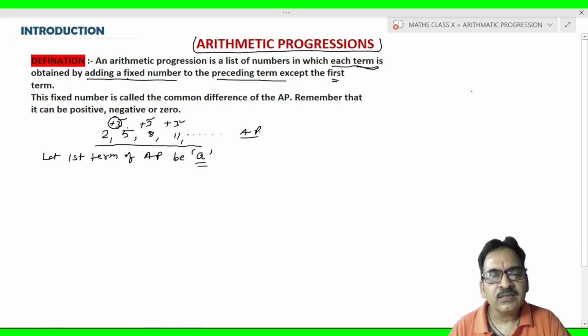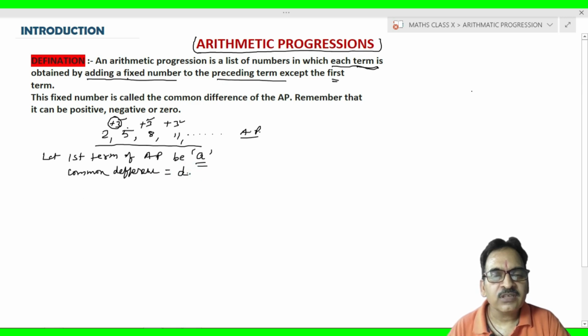So any term when subtracted from the next, we get a fixed number. This fixed difference is called the common difference. We denote the common difference by small d.